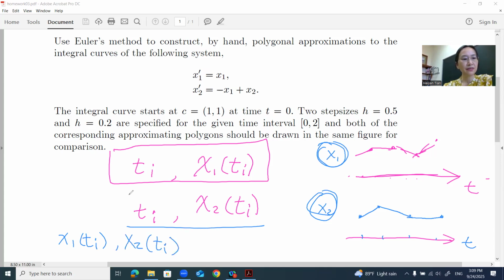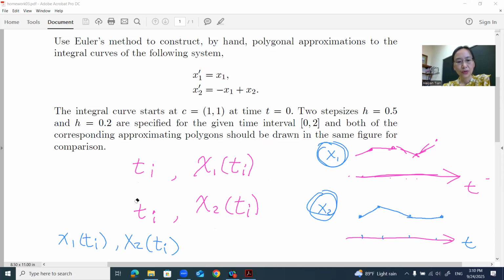For each specified ti, we have this pair. So we want to see the trajectory of the integral curve x.